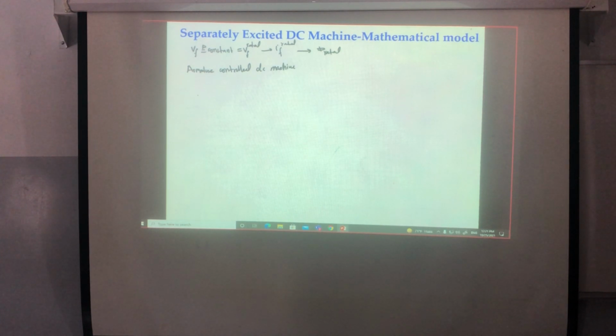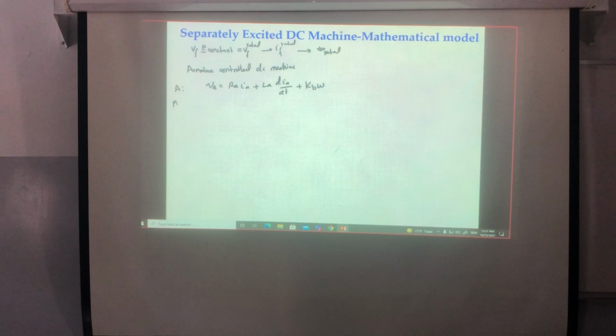So I only need to write VA, which equals RA IA plus LA dIA by dt plus EA, which we call KB omega. This is the armature circuit.